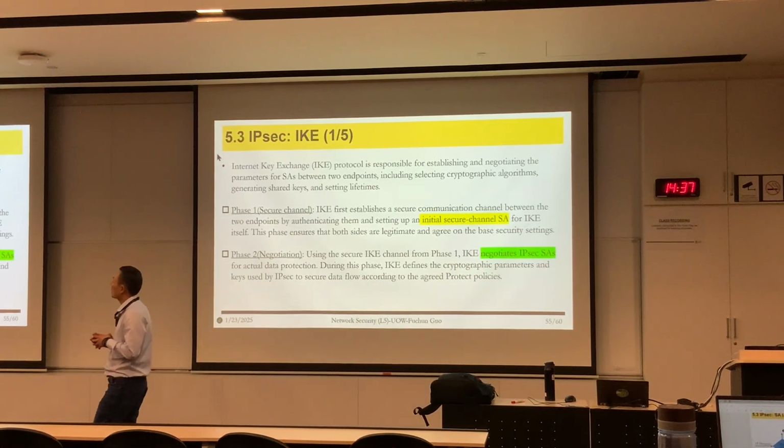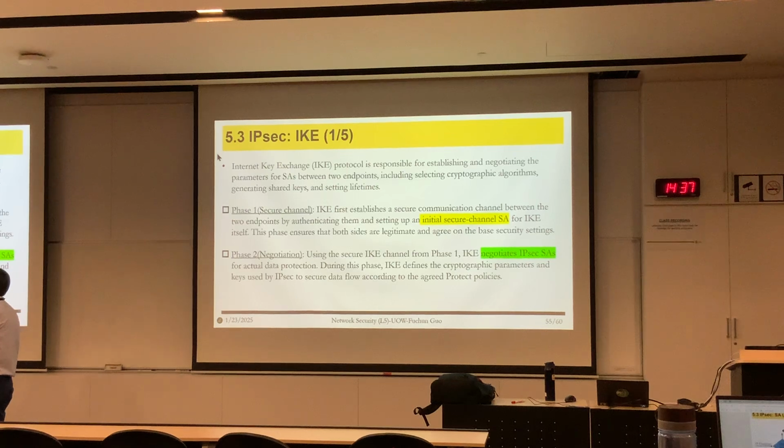So that's the purpose of having IKE. And this IKE was designed to have two phases. In the first phase, it's called the secure channel. They would like to create a secure channel. IKE first establishes a secure communication channel between two endpoints by authenticating them and setting up an initial secure channel for IKE itself.